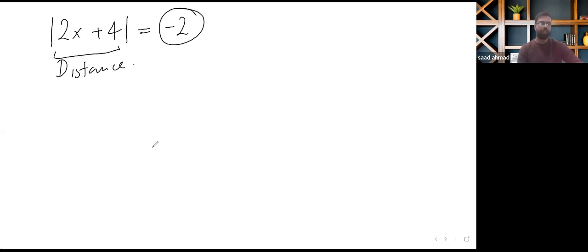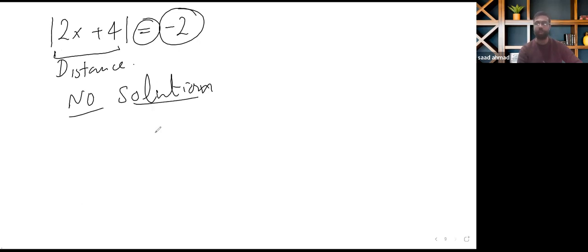The distance from anything cannot be negative 2. So this one has no solution. If you see an absolute value equation equal to a negative number, the answer is no solution. You cannot solve it because the distance cannot be negative.